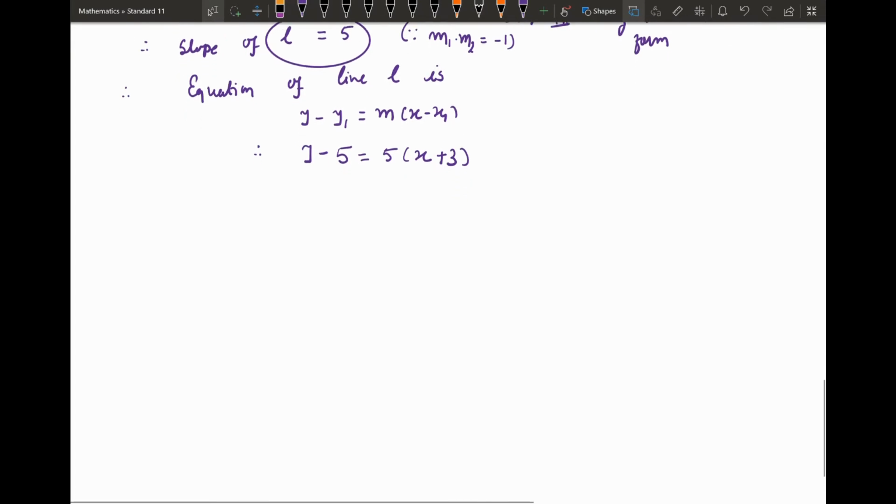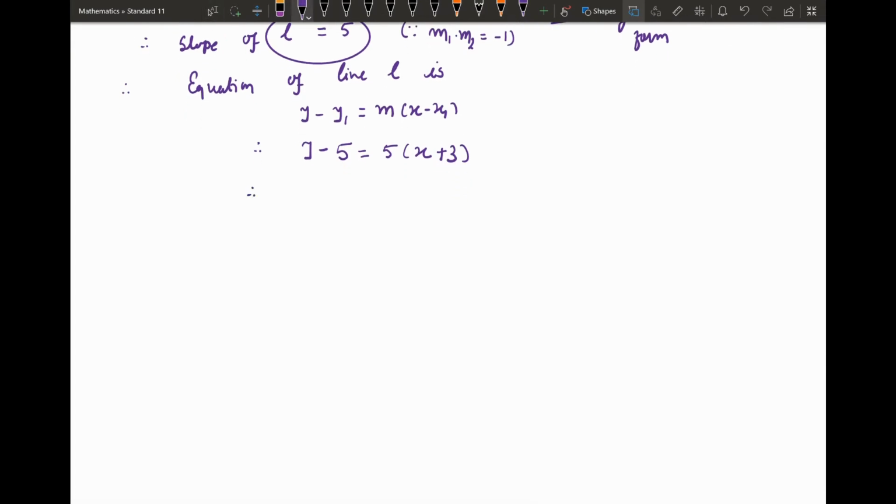Now we simplify, so we will get the required equation y minus 5 equals 5x plus 15, so 5x minus y, transferring this term, plus 20, 5x minus y plus 20 equals 0.